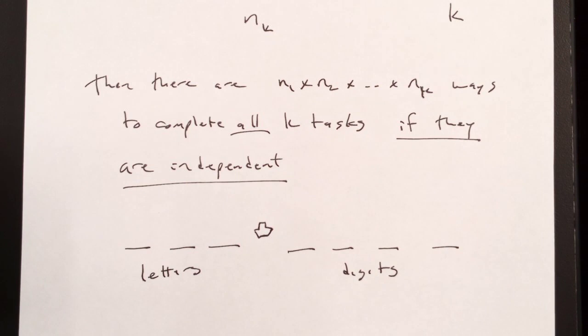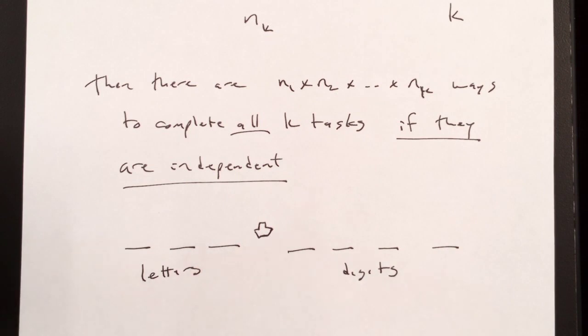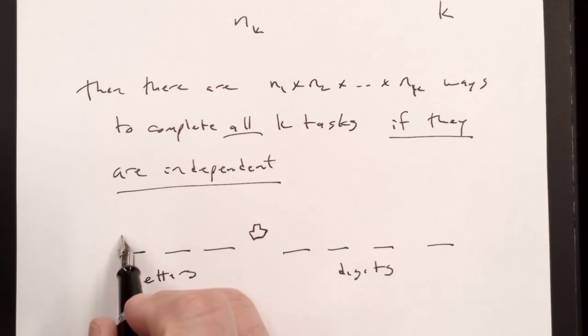So, if I don't care at all about what the license plate looks like, just have letters on the left and digits on the right, how many options are there for that first slot on the left? Just this slot would be 26, right?